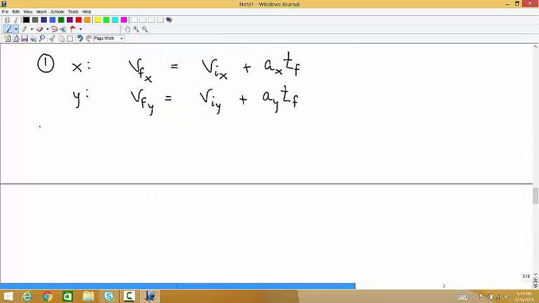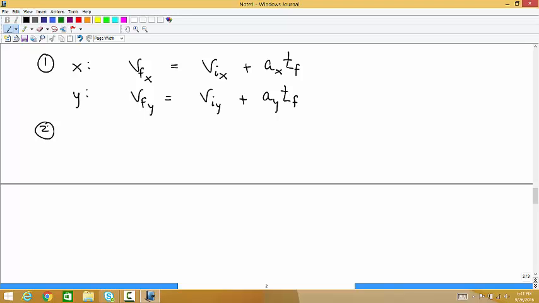And then the second set of equations is the PF equals PI plus blah, blah, blah equation. The x component says PFX is equal to PIX plus VIX TF plus 1/2 AX TF squared.